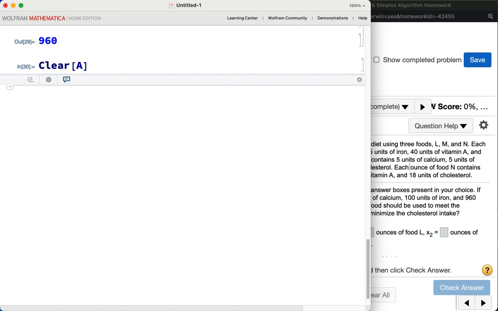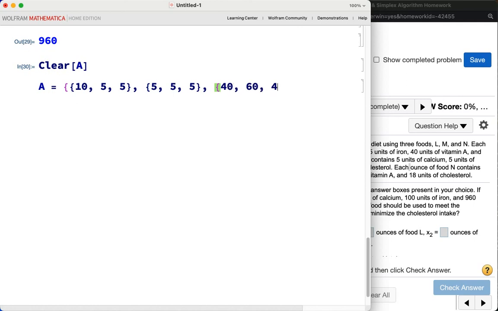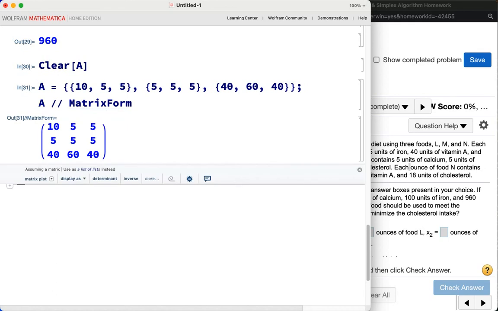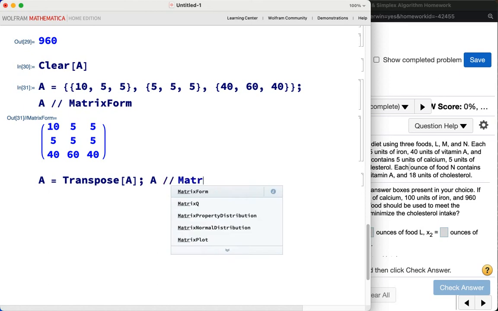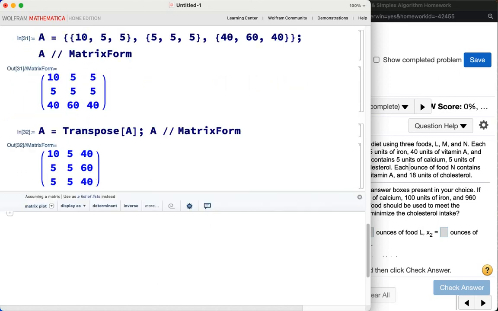So matrix A is equal to 10, 5, 5, 5, 5, 5, 40, 60, 40. I really need to remember to take the transpose. So A is equal to the transpose of A in matrix form. That looks good.